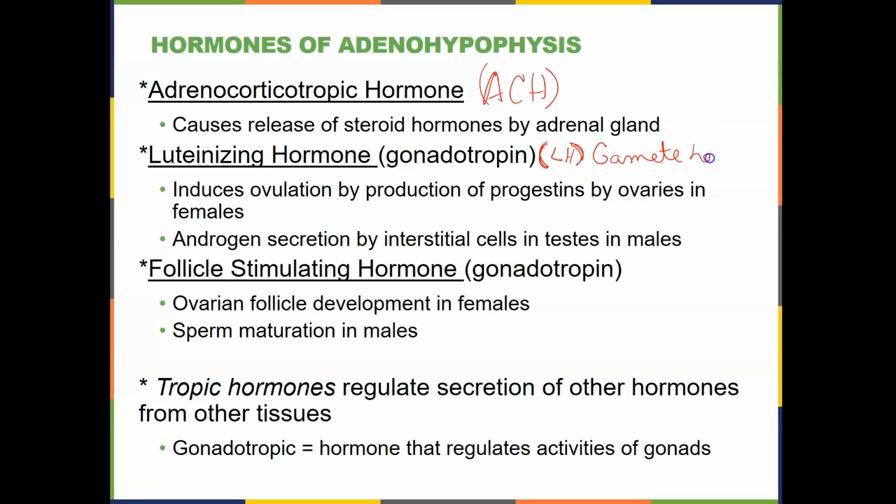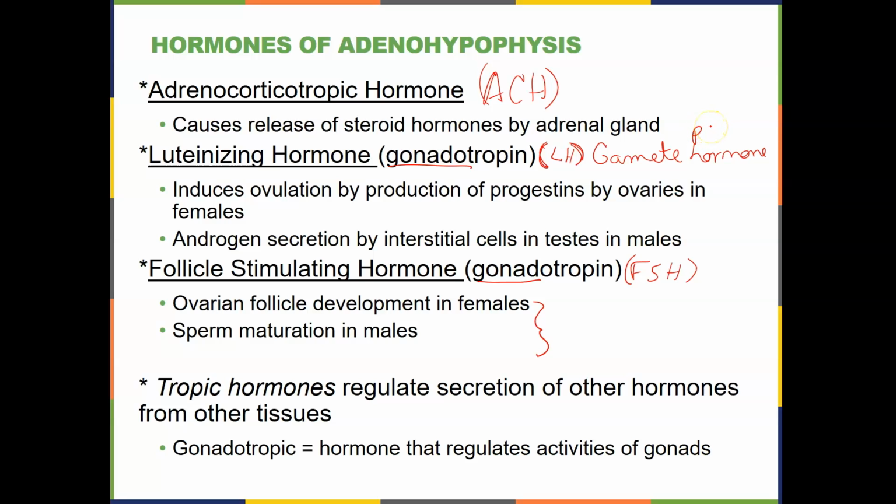The gamete hormone. Follicle stimulating hormone, FSH, is a class of hormone called a gonadotropin, gonad, right? It's a gonad hormone. This is going to signal gamete maturation. This is the gamete production hormone, luteinizing hormone, okay?